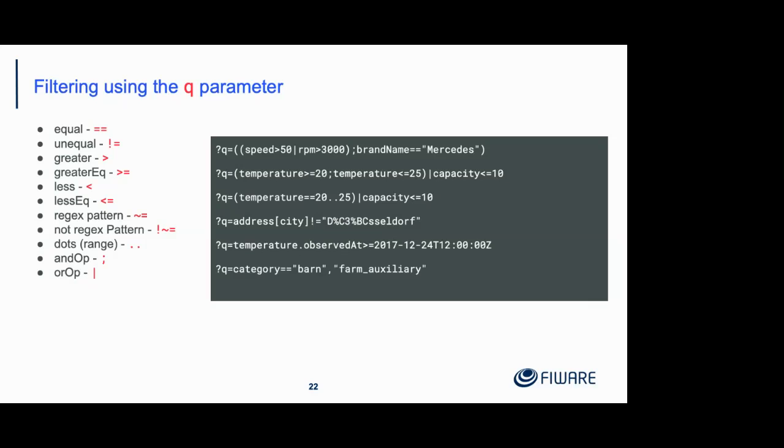In order to keep the calculations within context brokers simple, you have to provide the function ordering. So in the case where you've got the first one, where speed is greater than 50, RPM 3000, brand name Mercedes, which one's going to come first, the or or the and?